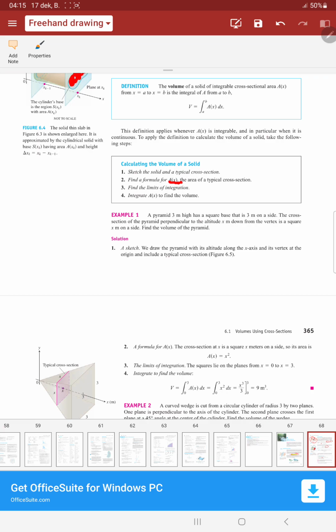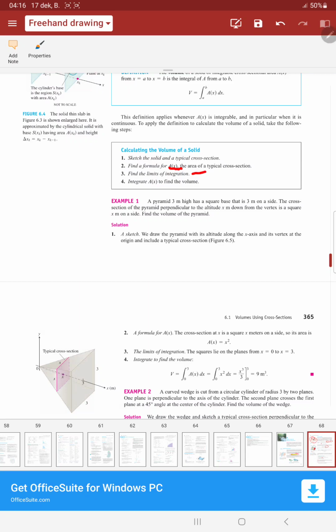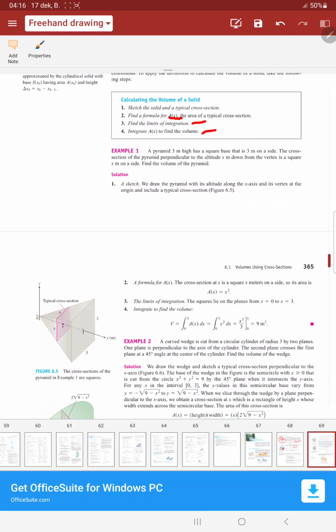It means see that cross-sectional area, whether it is a rectangle, triangle, or circle. What the formula means is, what is the area of, for example, a rectangle, and then we have to find the limit, then integrate.